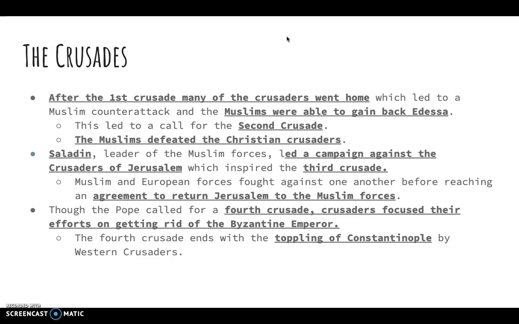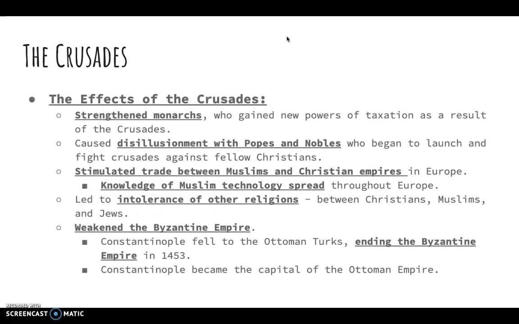Because remember, the Byzantine Empire is not Catholic. They're Greek Orthodox. And so they really want to focus on getting rid of the Byzantine Emperor and influencing them to make sure that Catholicism is the only form of Christianity available in Europe. The Fourth Crusade ends with the toppling of Constantinople by those Western Crusaders, and the Byzantine Empire essentially ends.